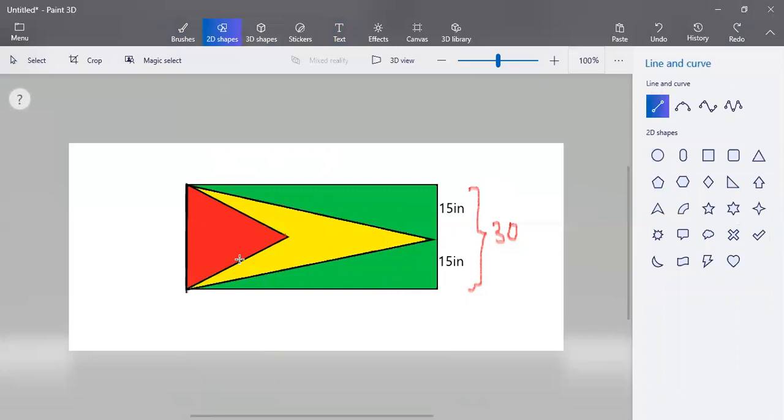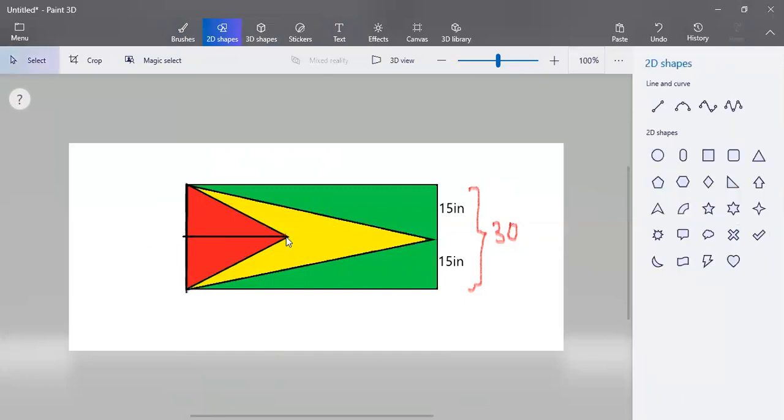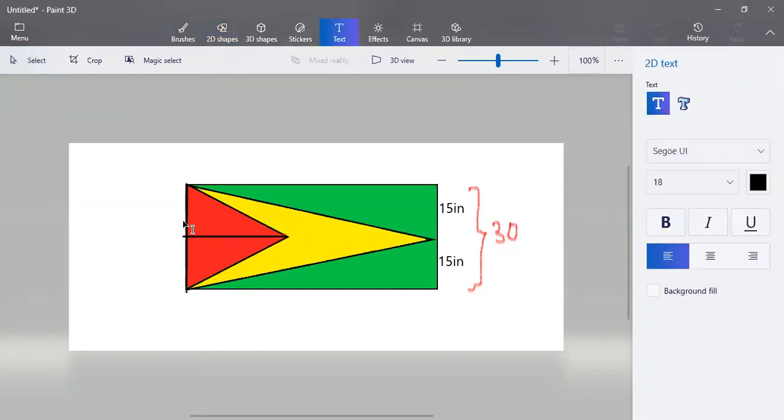From the top of the rectangle to this, so that means they're talking about the height of the rectangle, from up till the down part. That's given to you as 24, so that's 24 inches.